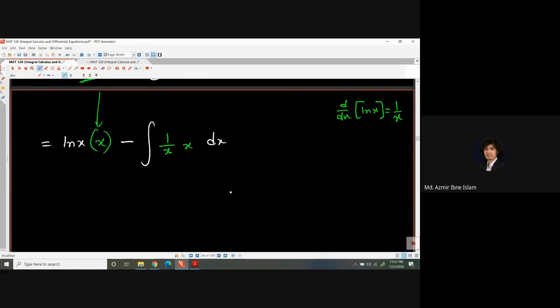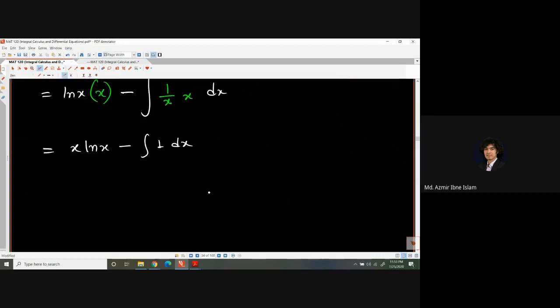So now we are just rearranging these terms: x natural log of x, negative, and here we can cancel x and x, which gives us just 1, so 1 dx. So again we are getting x natural log of x, negative the integration of this part in terms of x, which is x.